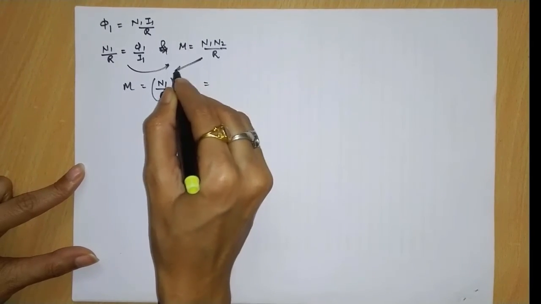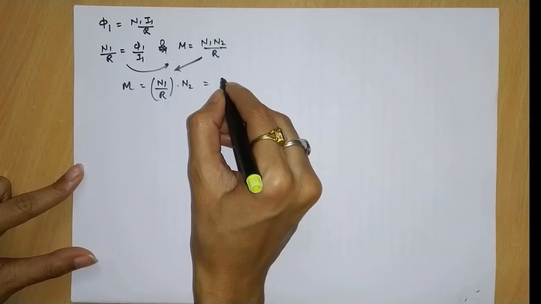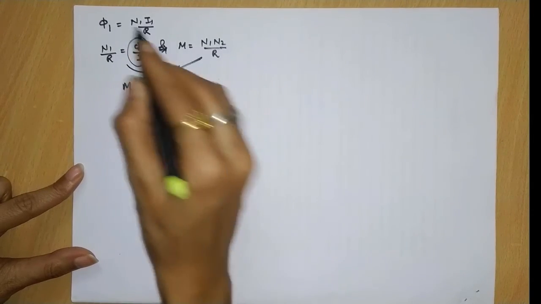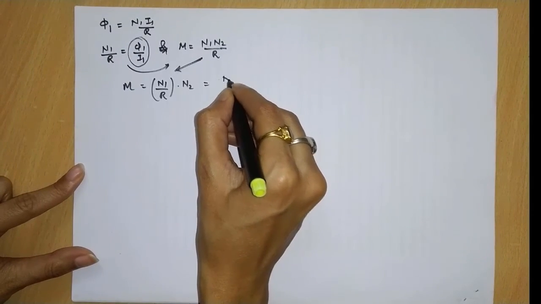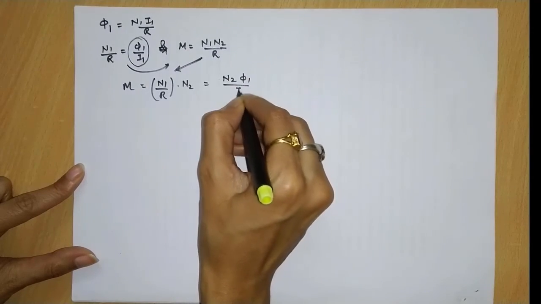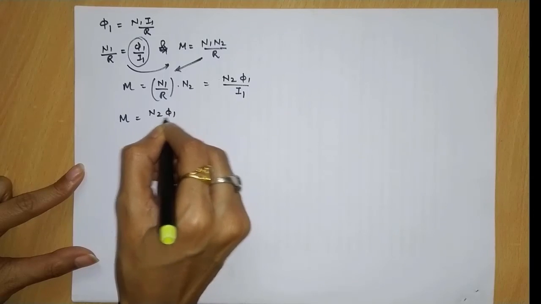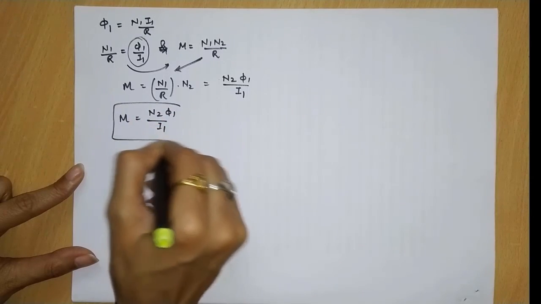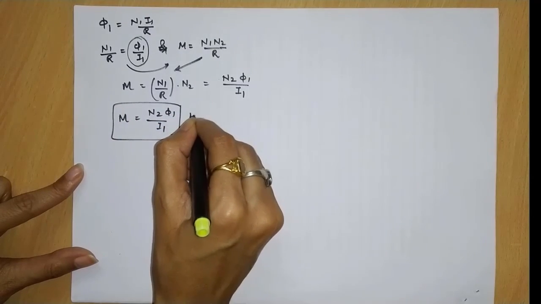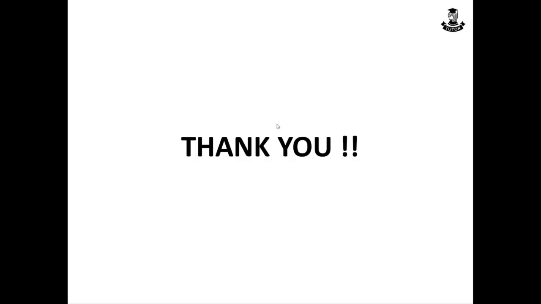From here, N1 upon R is equal to φ1 upon I1. Therefore M is equal to N2 φ1 upon I1. Units is Henry.